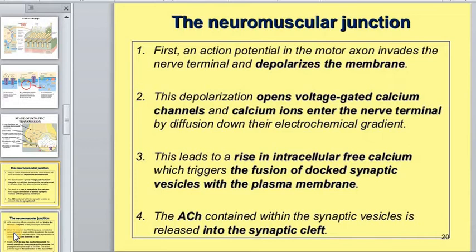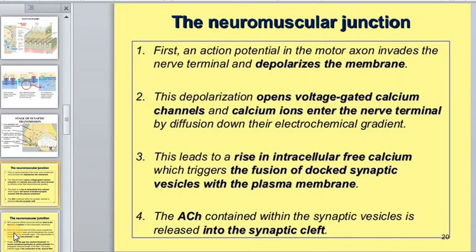First, an action potential in the motor axon invades the nerve terminal and depolarizes the membrane. This depolarization opens voltage-gated calcium channels, and calcium ions enter the nerve terminal by diffusion down the electrochemical gradient.